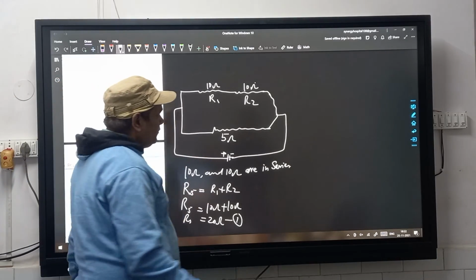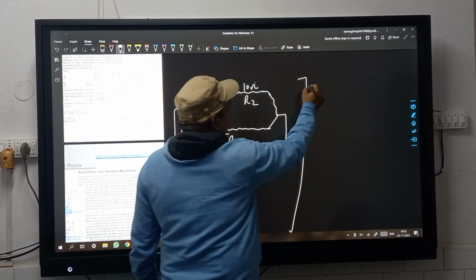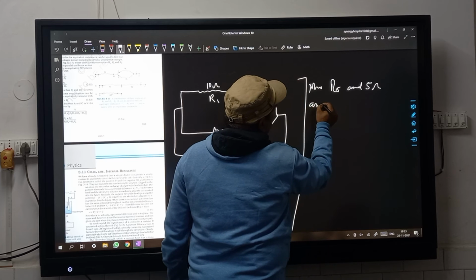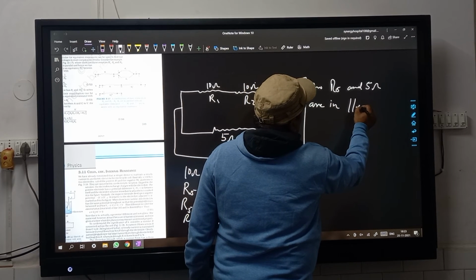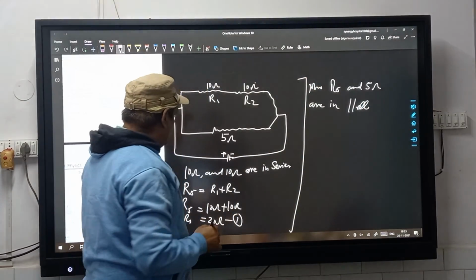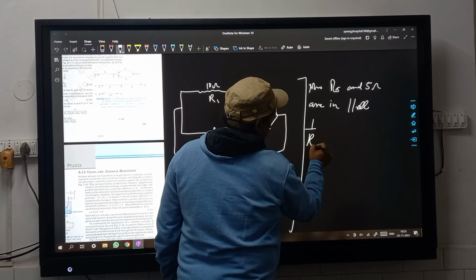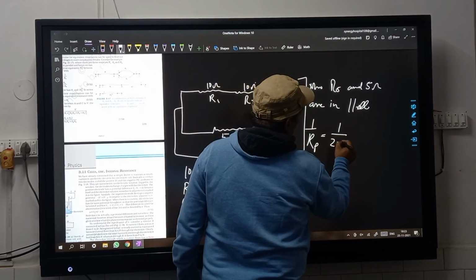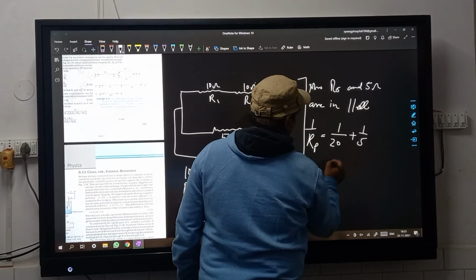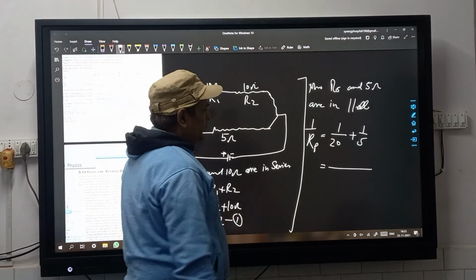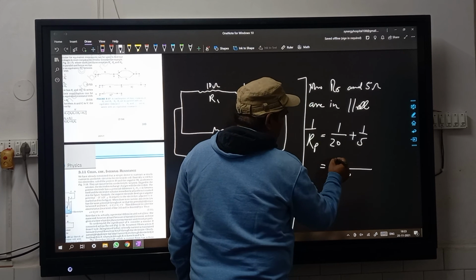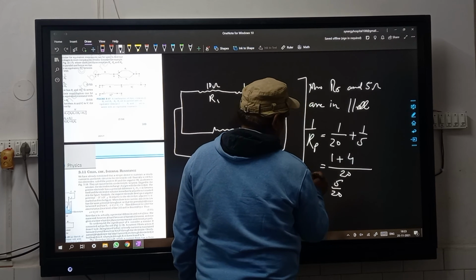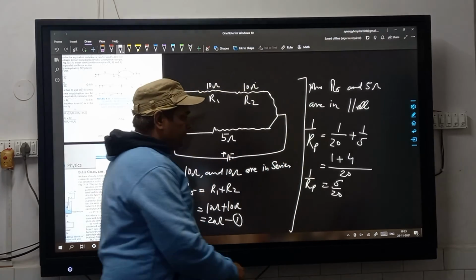Now Rs and 5 ohm are in parallel. Hence the equivalent resistance: 1 upon Rp equal to 1 upon 20 plus 1 upon 5, and you can solve it. 1 plus 4, that is 5 upon 20, is equivalent to 1 upon Rp.